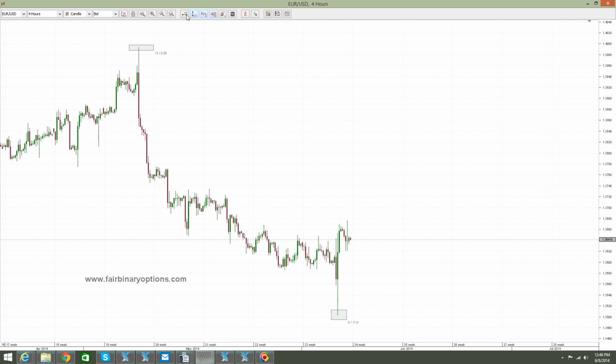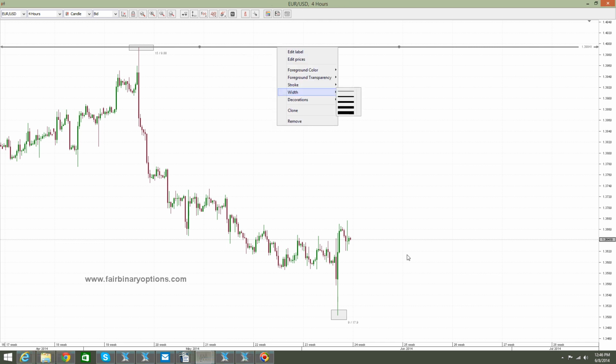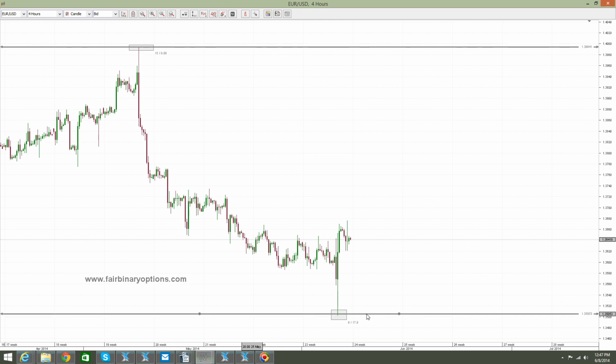If you mark these levels, one from this level, and then this level here, this move normally should contain the price action for quite some time from this moment on.